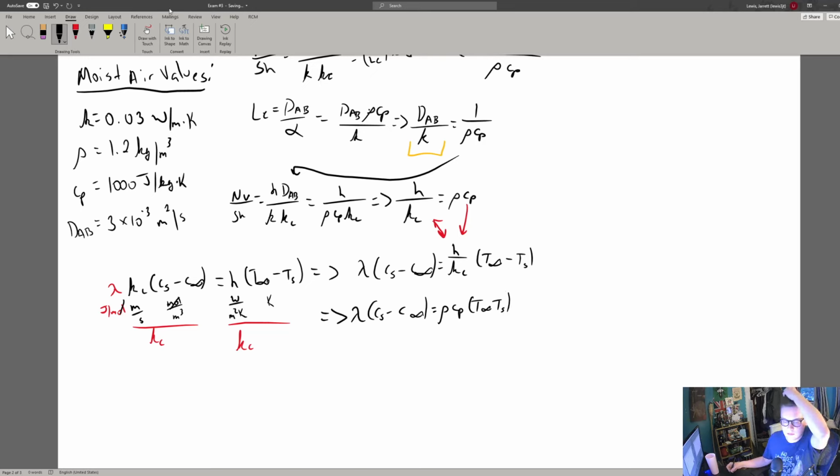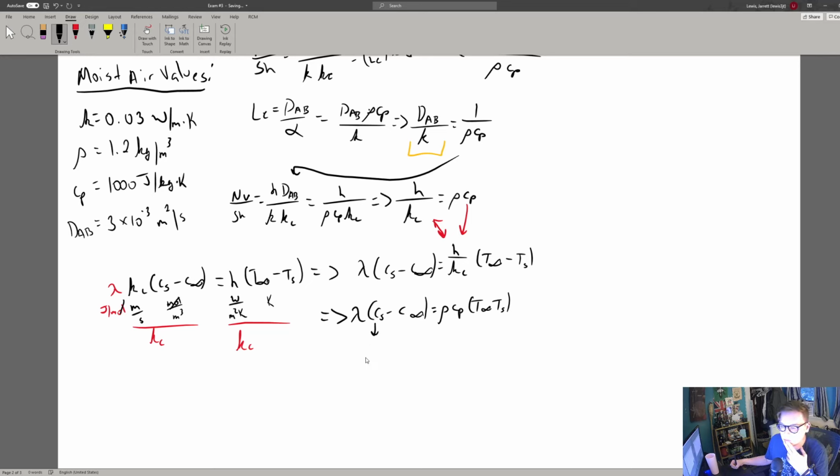Okay, so now we're going to be using the pressure and the ideal gas constant to find the difference in relative humidity. So we're going to use the ideal gas law equation.